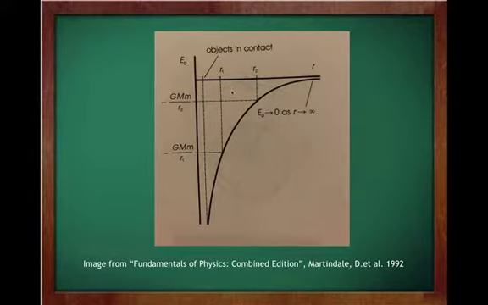As your radius value increases and approaches infinity, you get an asymptote where that potential energy, and you see that this one uses EG and not EP, they're interchangeable here, is approaching 0. But for every other value of r, the distance between the objects getting smaller and closer together, these values become more negative. So that's why we assign them the negative value.